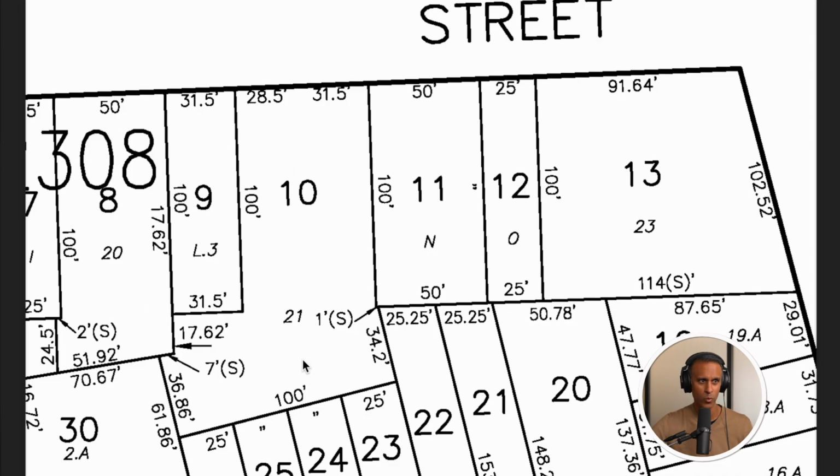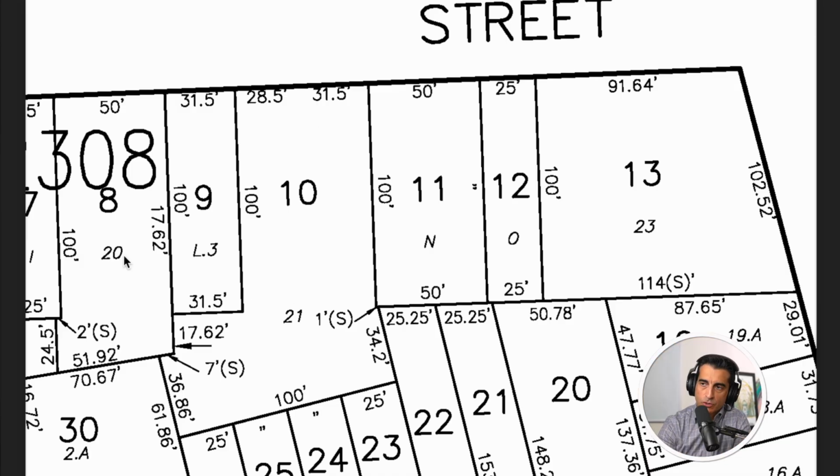There's another one that's weird; sometimes we call these flag lots, like the shape of a flag, like a letter L. So it's irregular in shape, but this was really helpful because we got the dimensions from it without having to actually hire a surveyor.